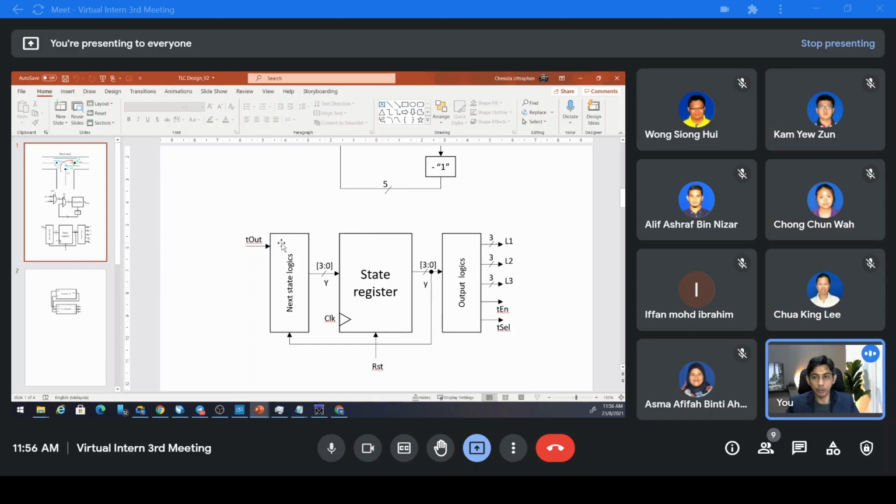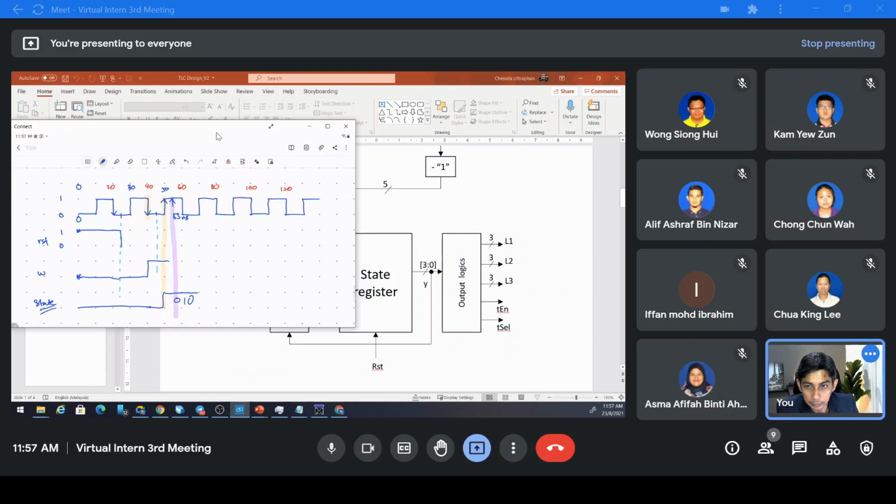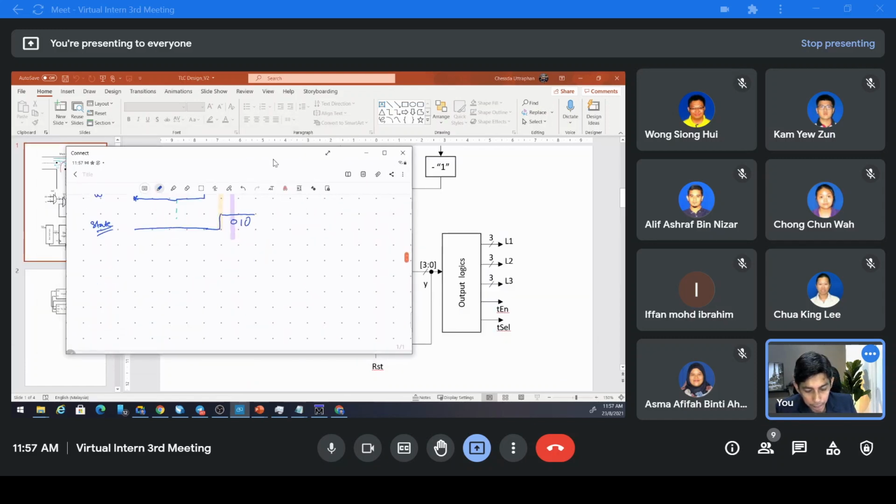If you look at this, it is actually the FSM, the finite state machine, and here we have 4-bit. We will see later why 4-bit. And the output is L1, and this is 3-bit.